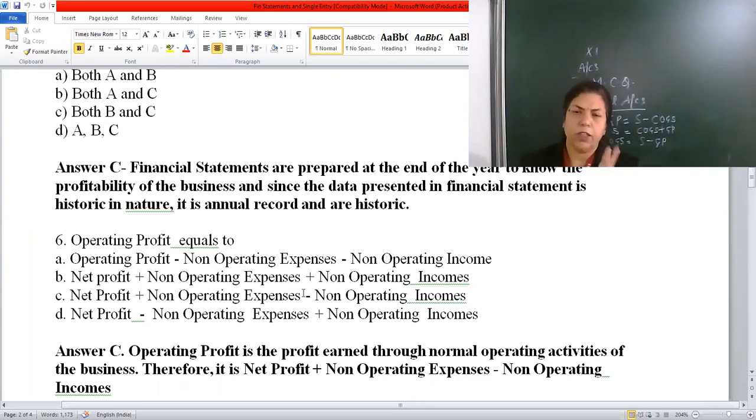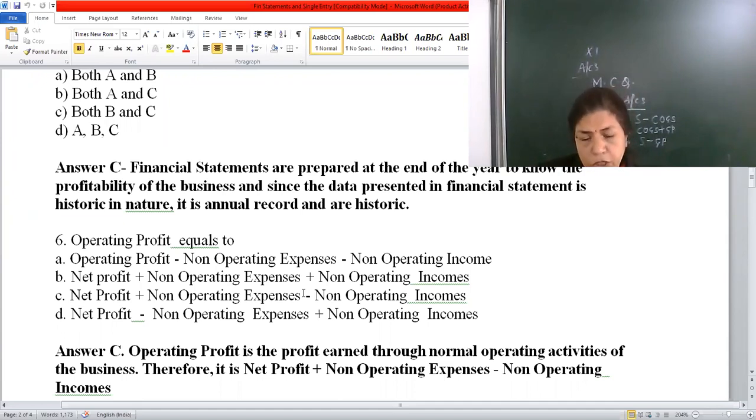First of all, what are the operating expenses? Those expenses which are related with the operation: salary paid to employees, electricity bill, repair, maintenance charges, postage, stationery, advertisement, rent paid, interest paid, discount paid.